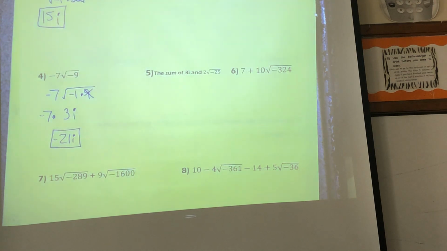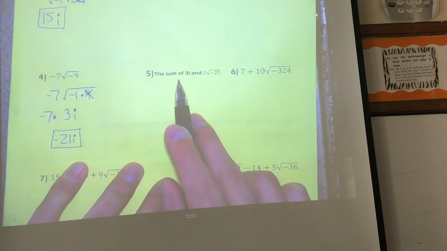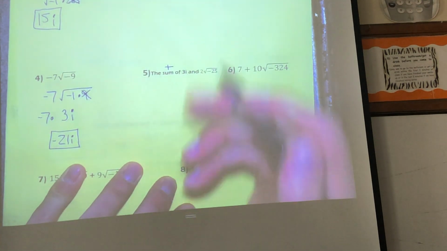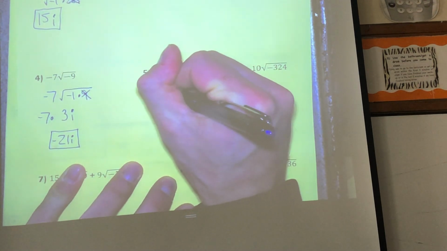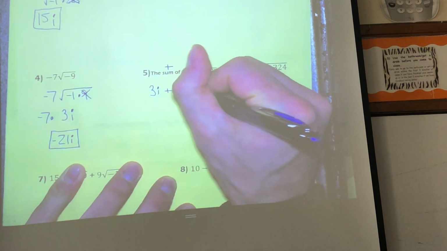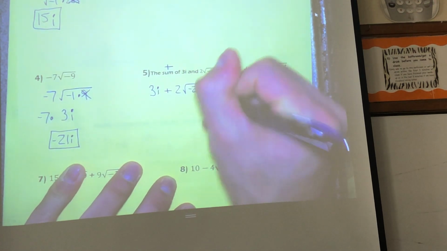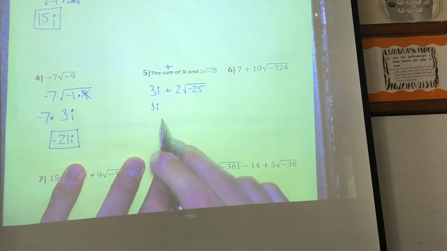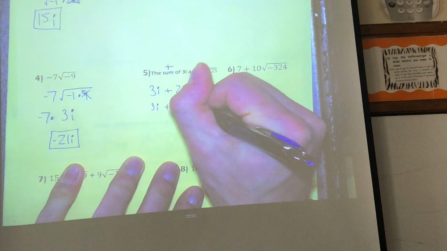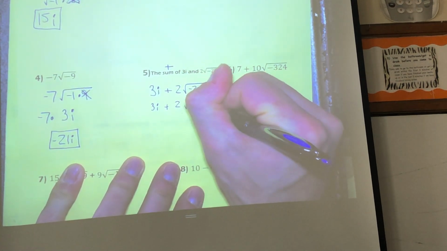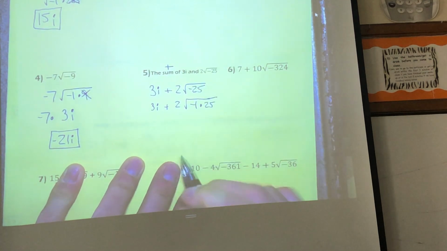I'm going to continue. We're going to look at number 5 this time. So we know sum means to add. So I'm going to rewrite this as 3i plus 2 radical -25. I'm going to bring down 3i because that's as simplified as it can get for that first part. I'm going to rewrite this as square root of -1 times the square root of 25.